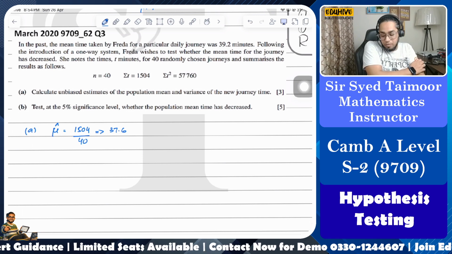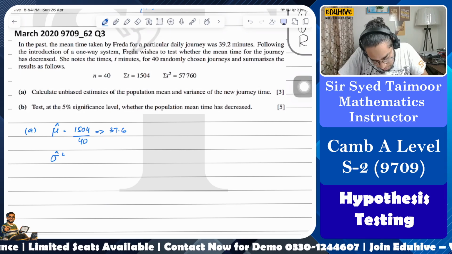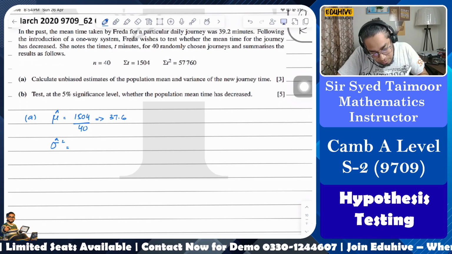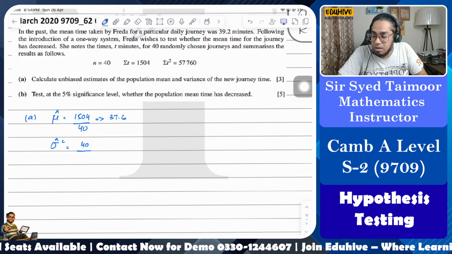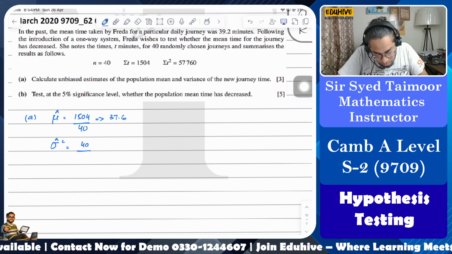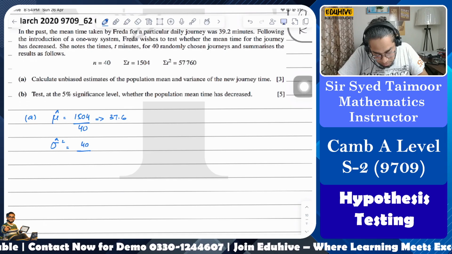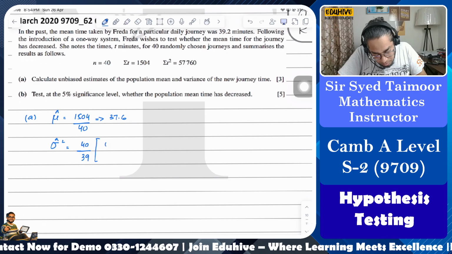Okay, and they were asking about the variance as well. So the variance will be 40 upon, give me a second.